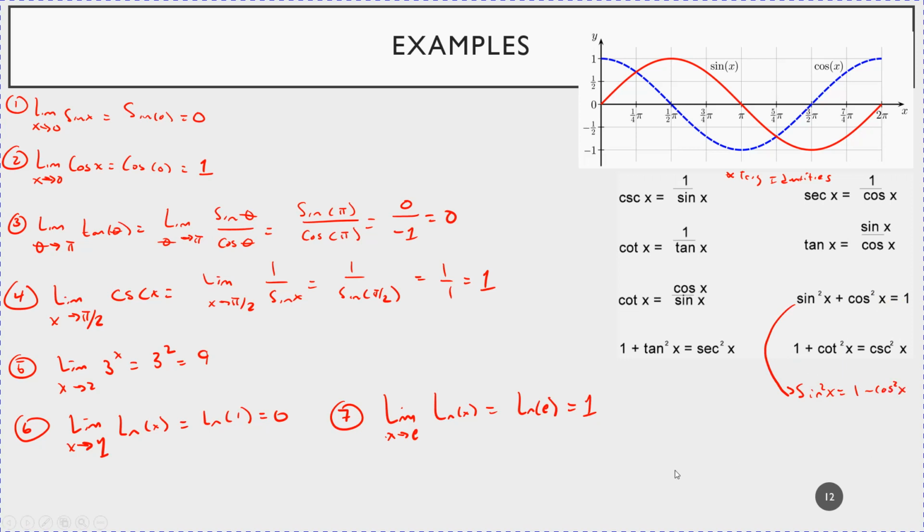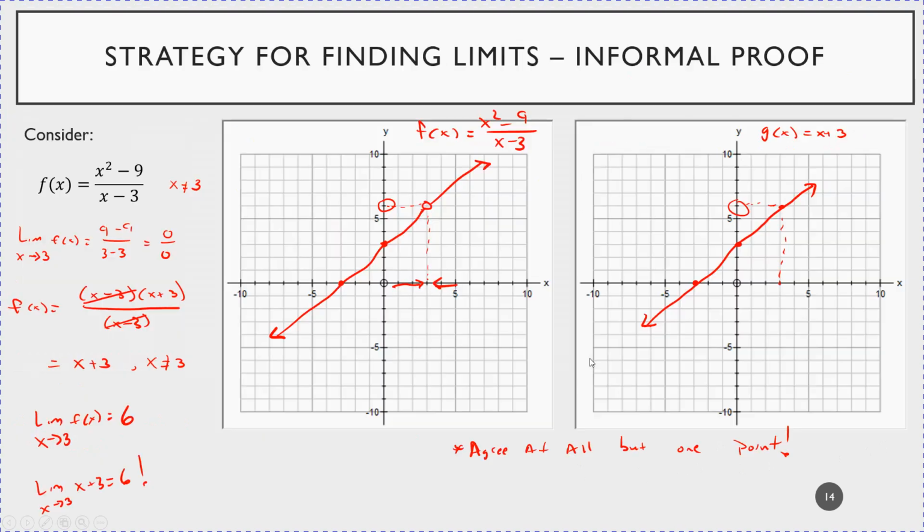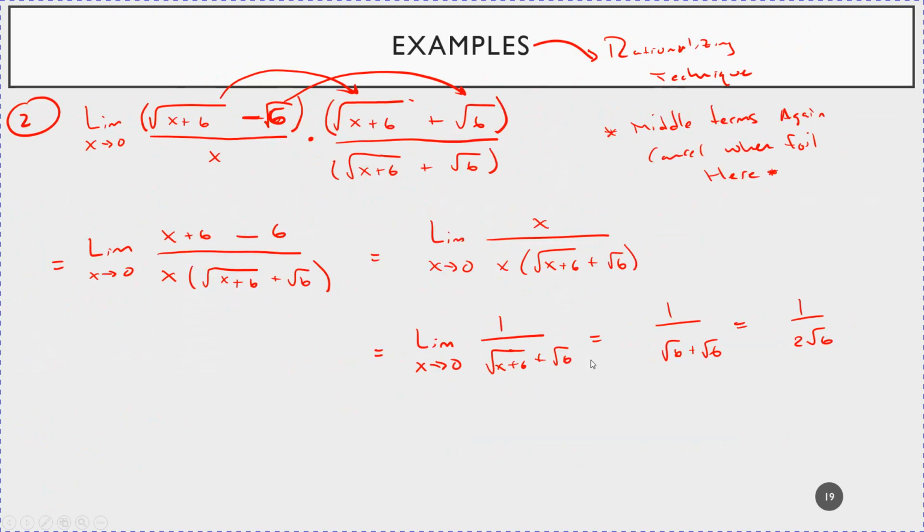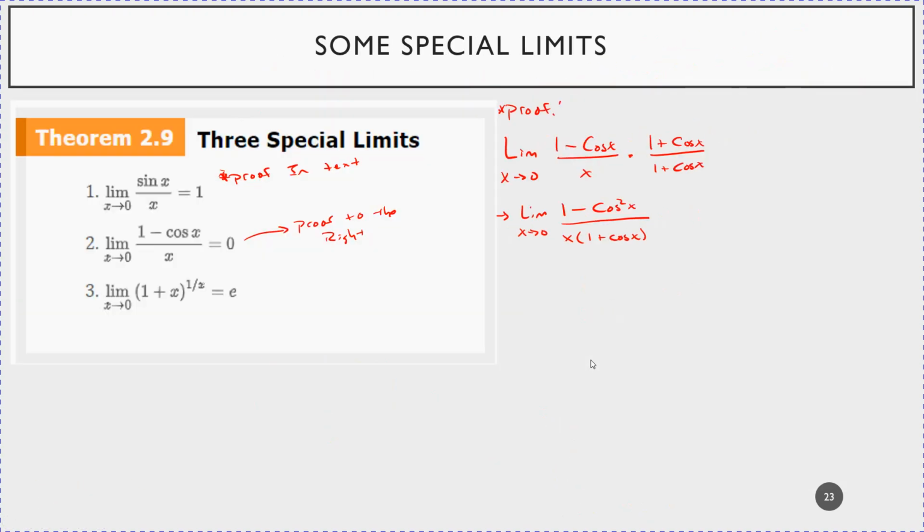So when I go back in to prove that problem, I can replace the numerator here by sine squared of x. Sine squared of x is the same thing as sine of x times sine of x.